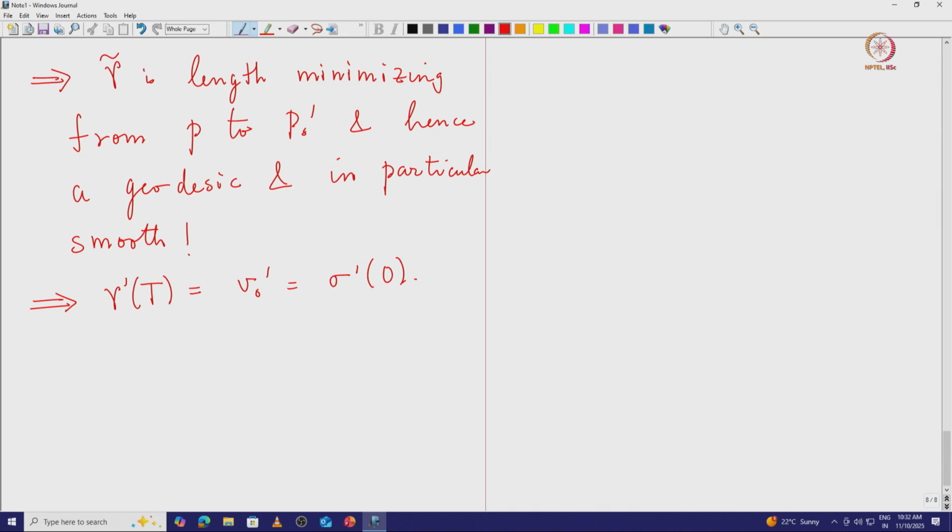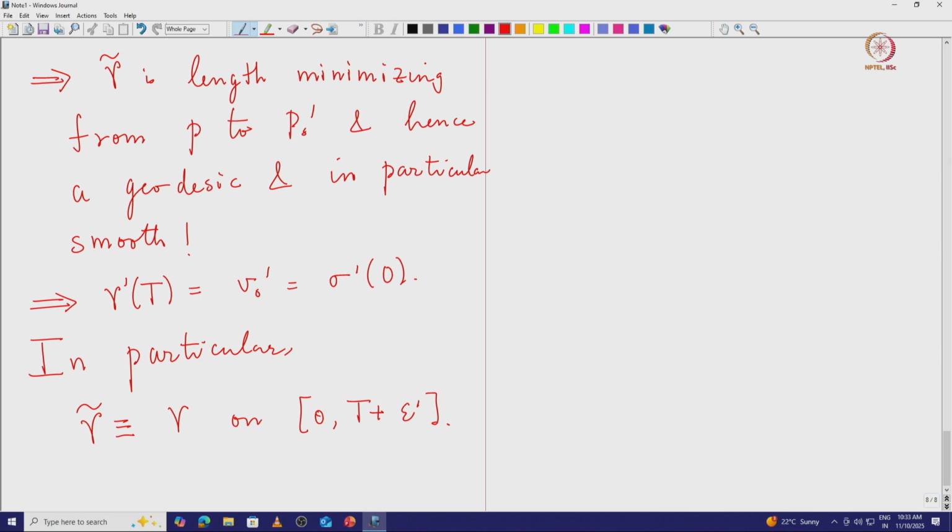By the uniqueness of geodesics, this implies that gamma tilde has to be identically equal to gamma on this interval up to t plus epsilon.